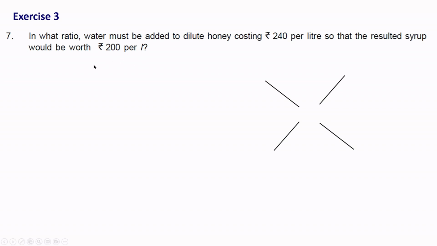So we need to find the ratio in which we have to add water to honey so that the resulting syrup will be worth rupees 200 per liter. So here the cheaper quantity is water and the cost is 0 rupees. Here the dearer quantity is honey and the cost is rupees 240 per liter. We need to get a resulted syrup whose price is rupees 200 per liter.